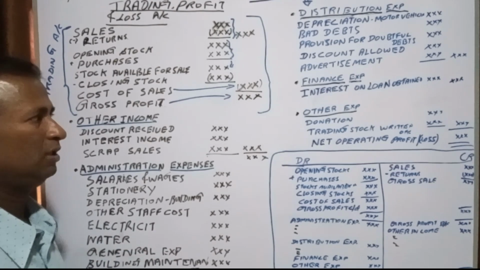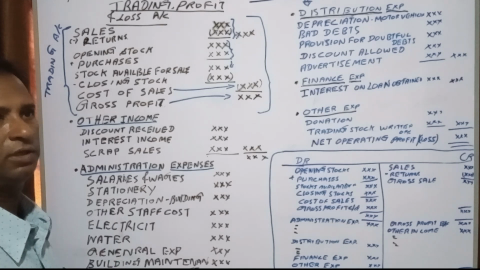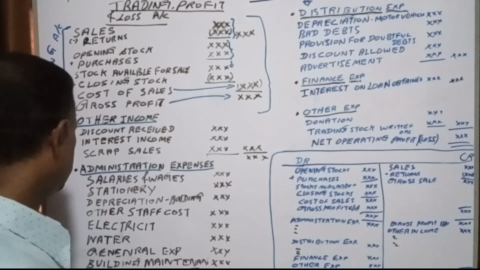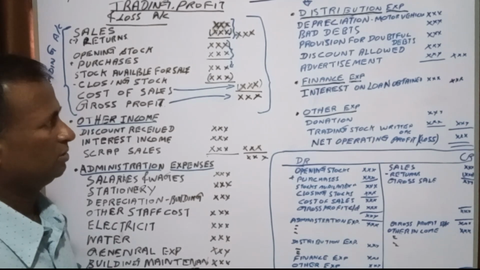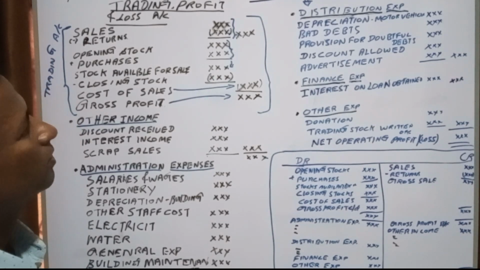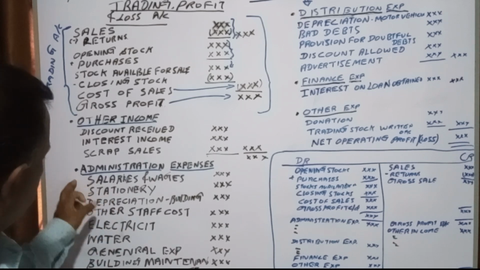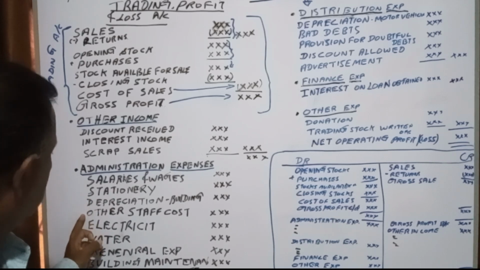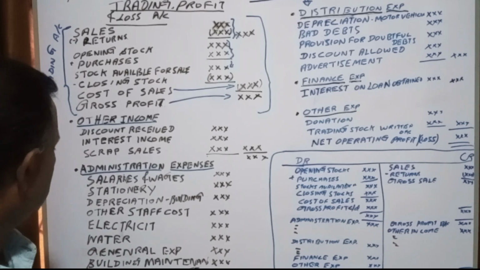Postage, any correspondence expenses, come under postage expenses under the administration expenses. Okay, you would have understood: salaries and wages, stationery, depreciation, other staff cost, electricity, water, general expenses, building maintenance, and postage.